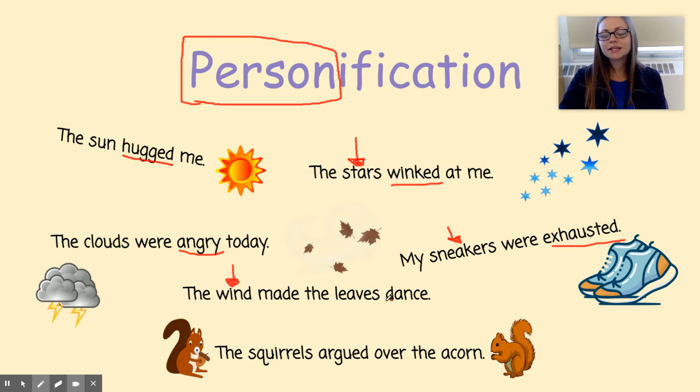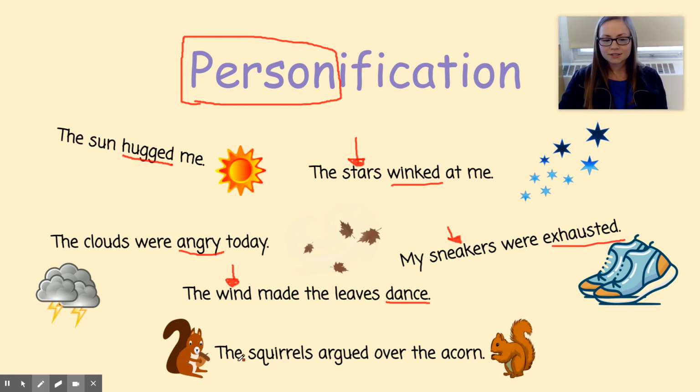It's saying that the leaves are dancing. Can the leaves dance? Can they boogie? No, leaves can't dance. So maybe the wind blew and the leaves blew all over the yard. Or maybe the leaves were falling off the tree and they were swaying back and forth. So it's saying that they're dancing, but really they might just be blowing in the wind.